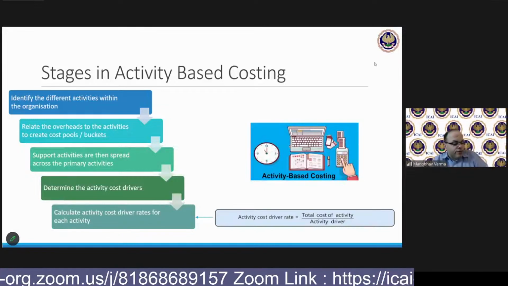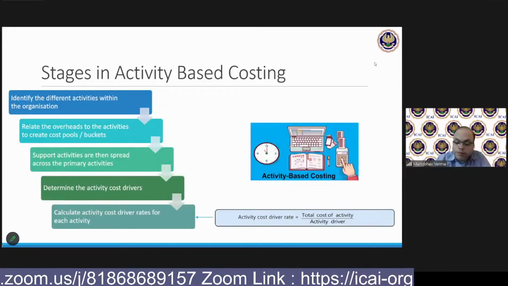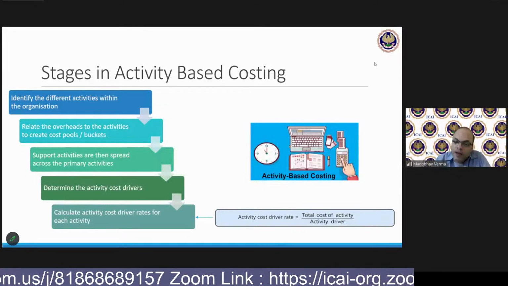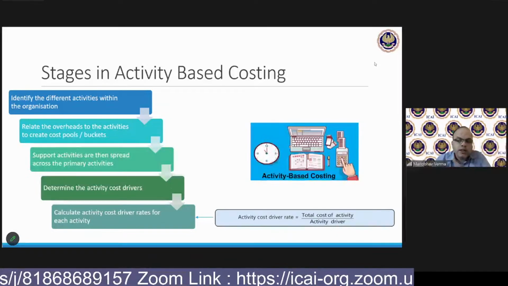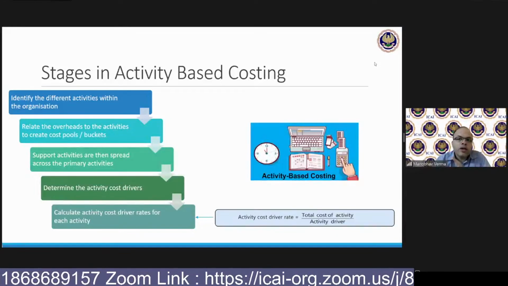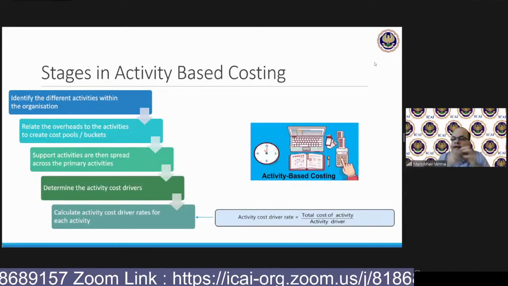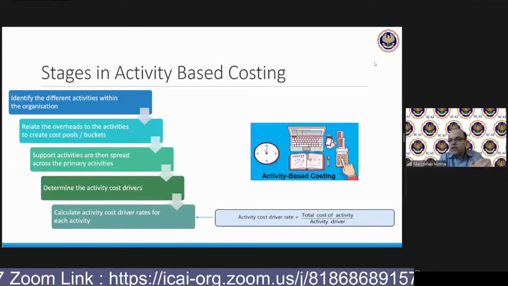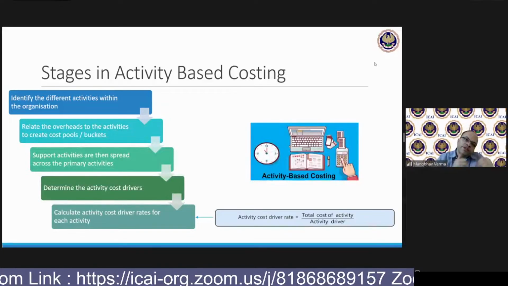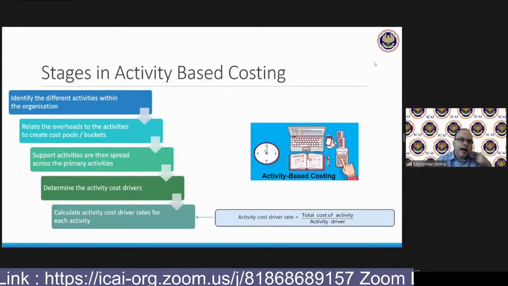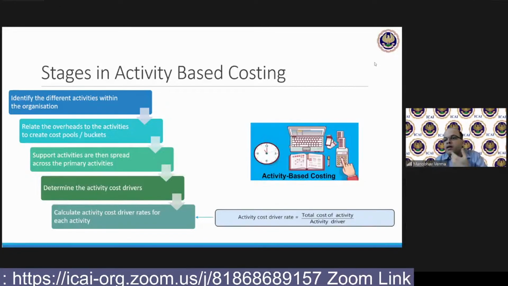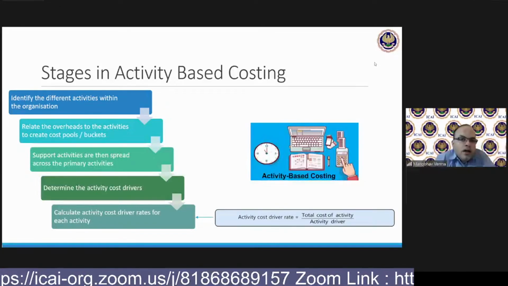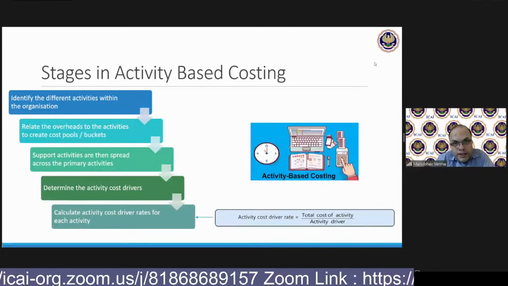Let's jump into a very interesting, comprehensive example, wherein we'll be doing two things. We will be comparing how the costing would have been done in traditional absorption costing, which we learned on Tuesday, and how it can result in a different costing if we follow ABC.